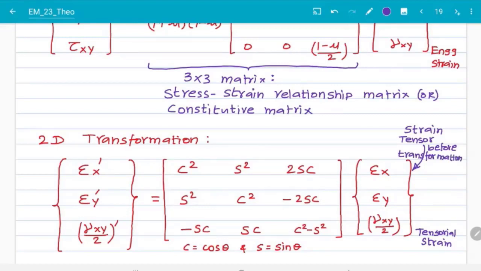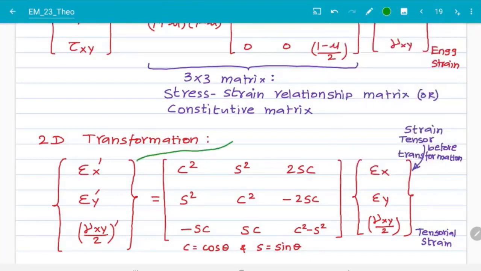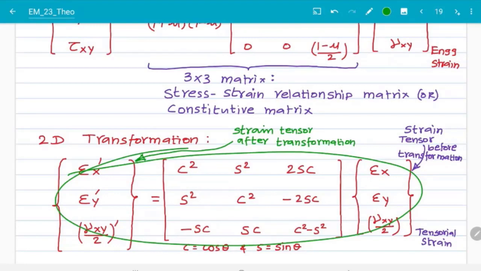This is the strain tensor after transformation. The whole equation is called the Mohr circle equation. Okay.